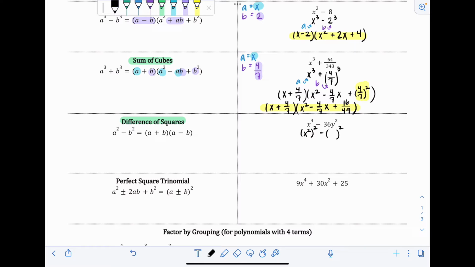So this would be a 6y inside here, because this means all of 6y is being squared. The 6 would become a 36 and the y would become a y squared. Okay, so now we can see what a and b are. A is x squared, b is just 6y, not negative or anything like that. The minus is in the formula, so we don't have to worry about negatives here.